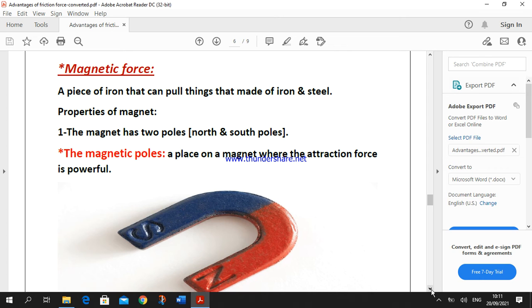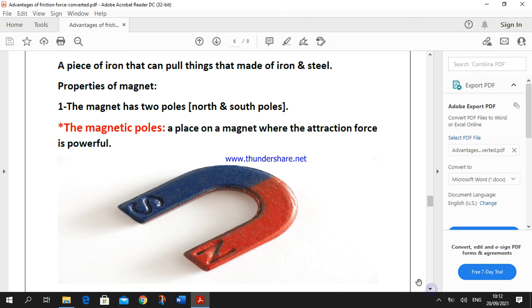And we have two types of magnet: natural magnet and artificial magnet. A natural magnet is a block of black iron ore. And an artificial magnet is a piece of magnet that has different shapes, like horseshoe and bar magnets.